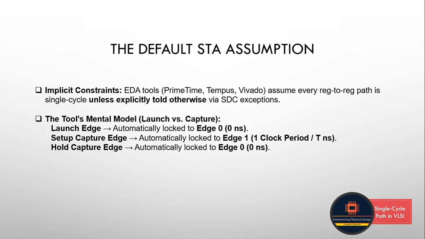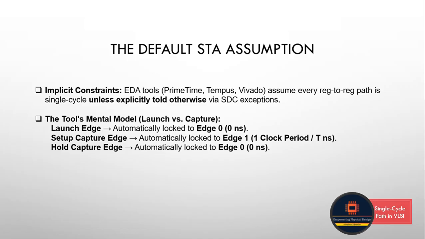It sets the launch edge to exactly 0 nanosecond and it automatically demands that the setup check must happen at the very next clock edge. Now notice how both the launch edge and the hold capture check are pinned to the exact same 0 nanosecond mark. Because they are locked together, changing your clock speed will never move them apart.